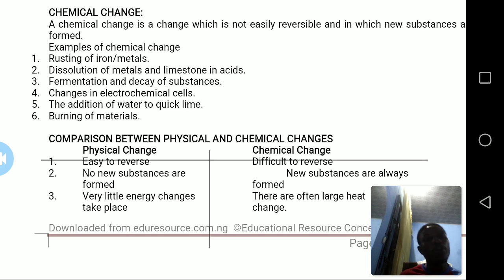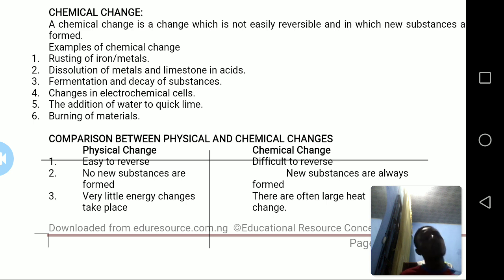The last one is burning of materials. Let's say you have some old clothes that you don't like anymore, you took them outside and you pour fuel and set it on fire, it will burn, right? It will burn and become ashes. So ashes is a new substance that has been formed. The thing is neither cloth nor fire, it's ashes.